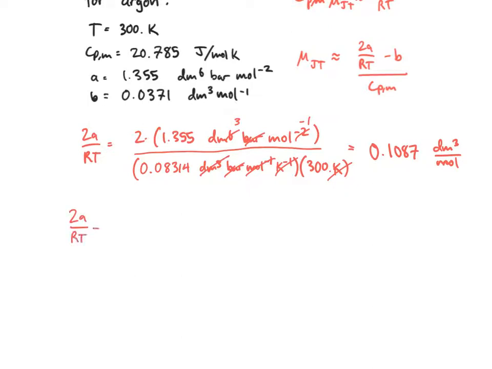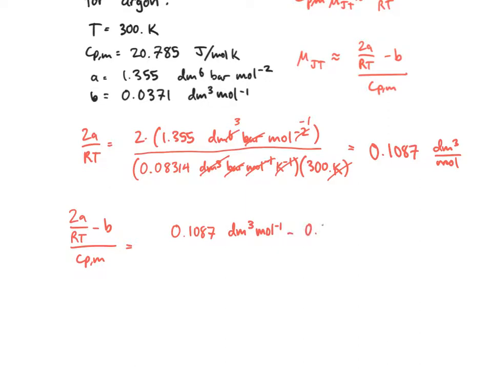2A over RT minus B divided by CPM. We're going to take the expression we found up above there, 0.1087 decimeters cubed, mole to the -1. And then subtract our B value.